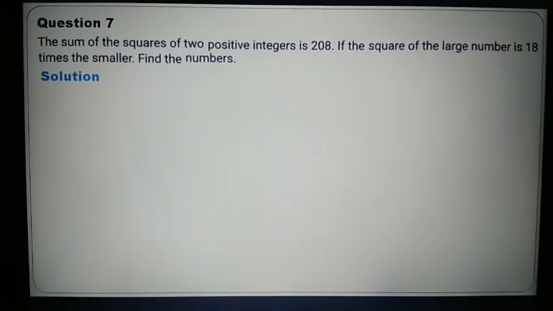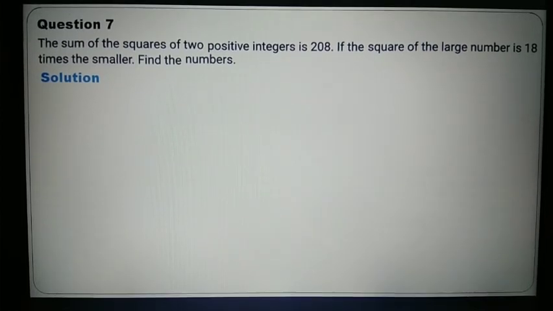The next question, the sum of the squares of two positive integers is 208. So they have not talked about whether the numbers are consecutive or anything else. Okay, so let's see what is the relationship given between the two numbers. So it is said that the square of the larger number is 18 times the smaller.